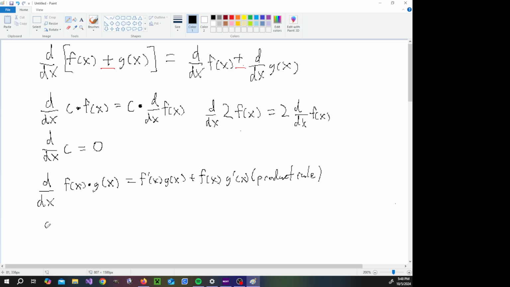Okay. Well, like I said, whenever we have division, that also is not going to turn out as nice as addition or subtraction. And this is what we call the quotient rule, right? Because quotient is referring to a fraction. Some division. Another name for division is quotient. Now, this starts out a lot like the product rule. f prime times g, and then minus f times g prime.